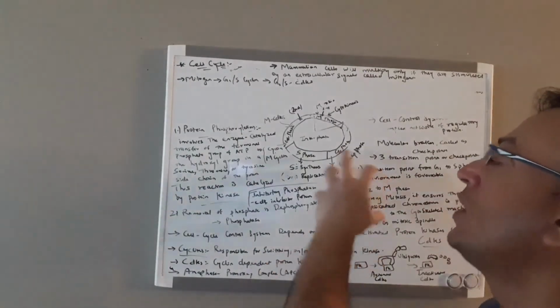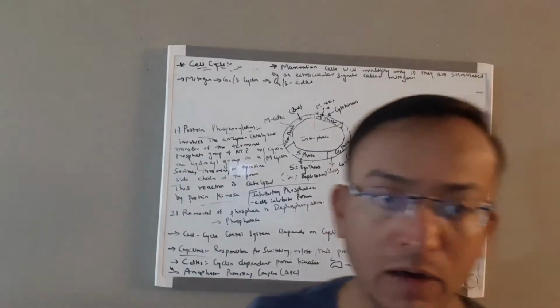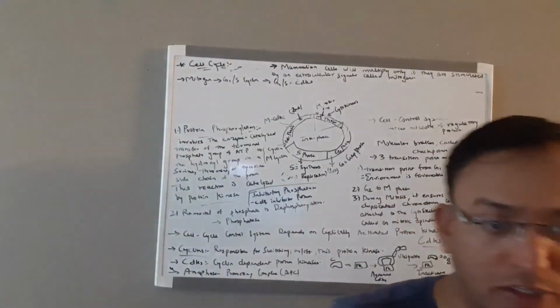So this is how the cell comes out of the cell cycle arrest stage, right?